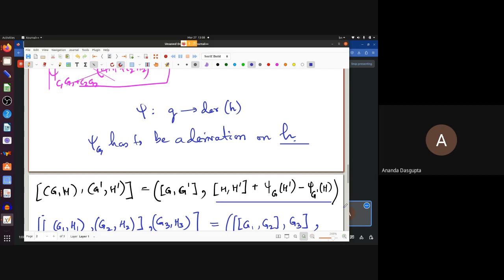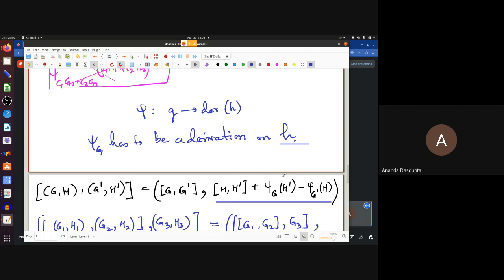In one, the Lie bracket is simply each element does a Lie bracket on itself. That is, this term is not there. Of course, you can see that a direct product is a special case of a semi-direct product in a sense. All I have to do is say that the derivation we are using is 0.